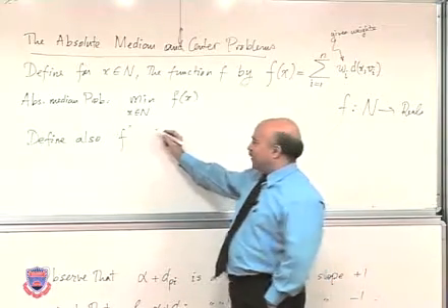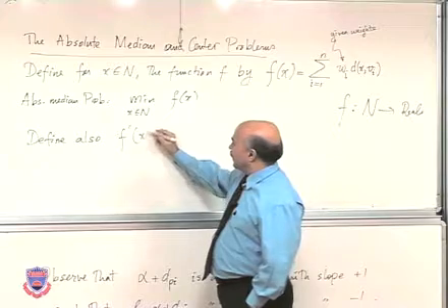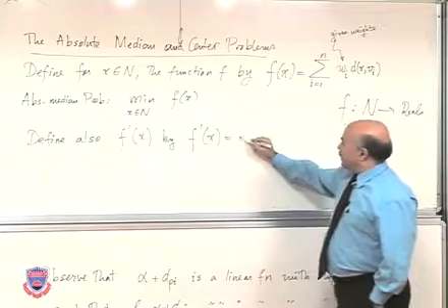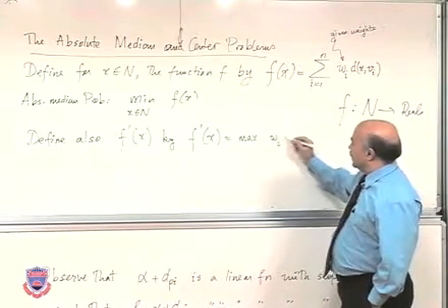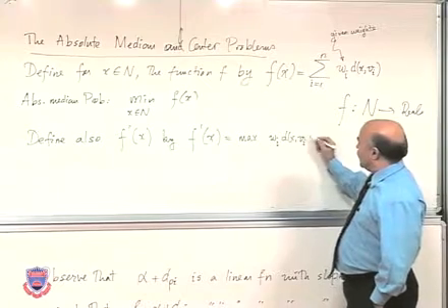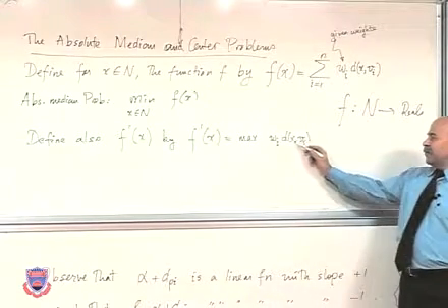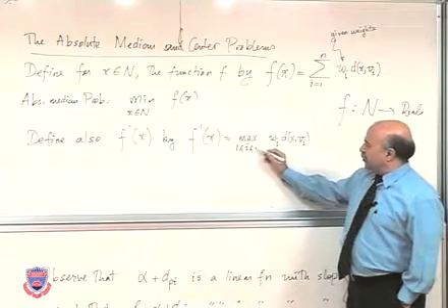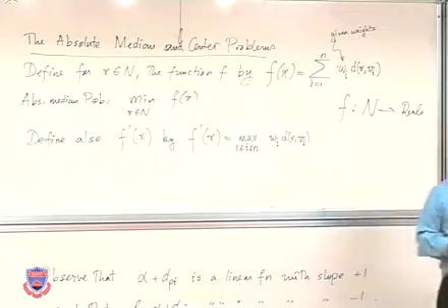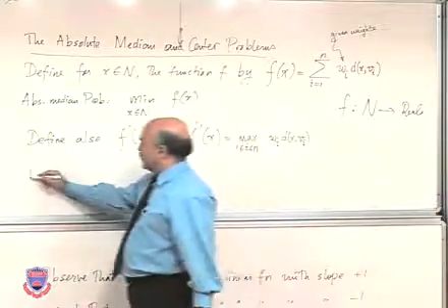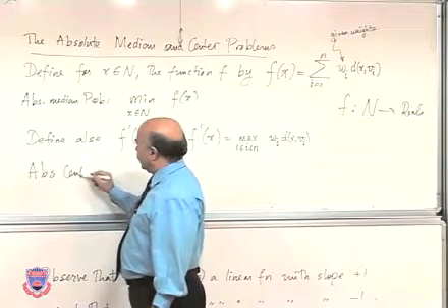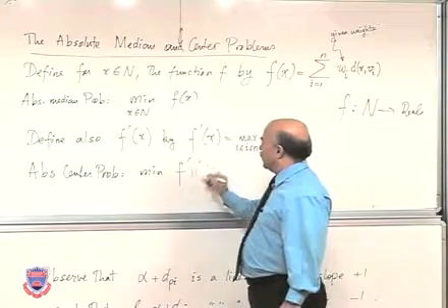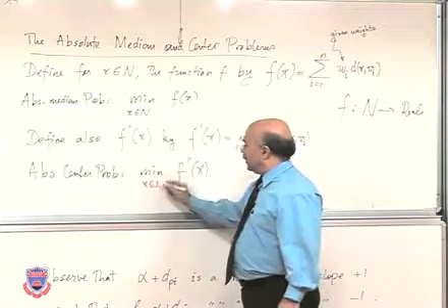Later on I may drop the prime. This time it's the maximum weighted distance from x to every vertex, the maximum taken over all vertex indices. And your absolute center problem is to minimize the function f prime of x in the network.